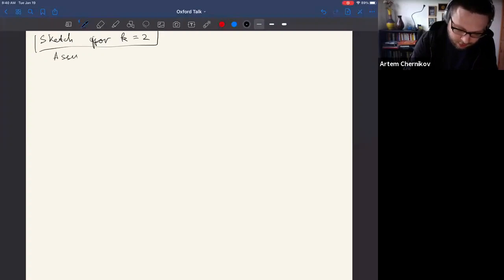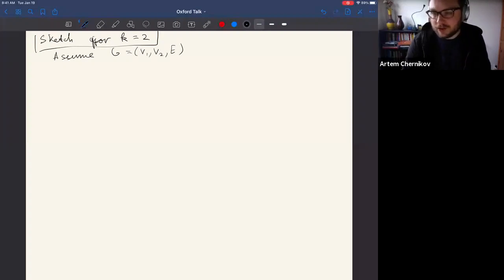So assume we are given a graph G, V1, V2, E, which admits a fixed H. So we fix H, and we fix epsilon greater than 0.